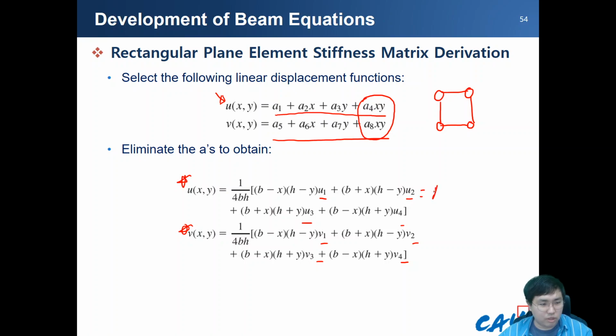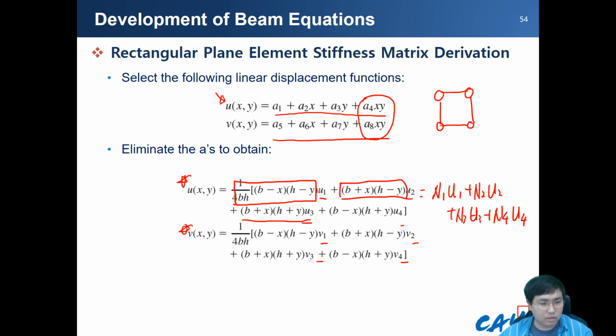Here the displacement field can be discretized using the interpolation function. So each u, with N1, N2, N3, N4, looks like this. And the v displacement also has the same form of interpolation function.